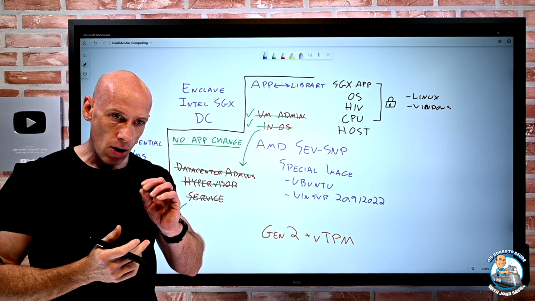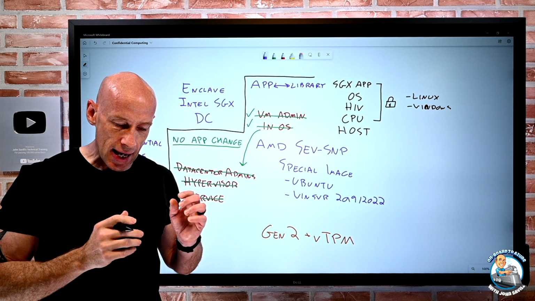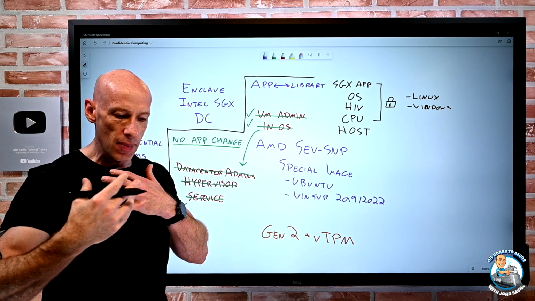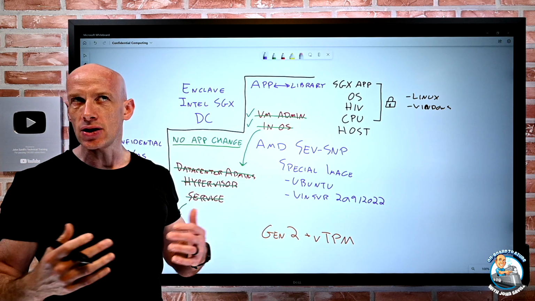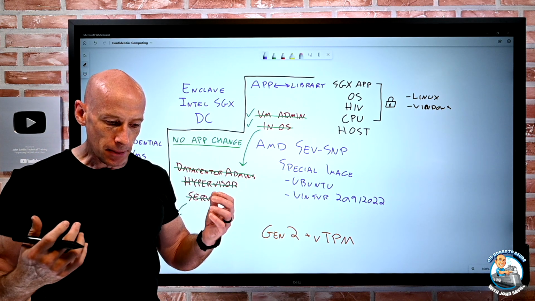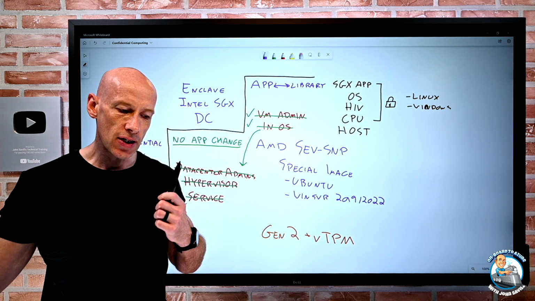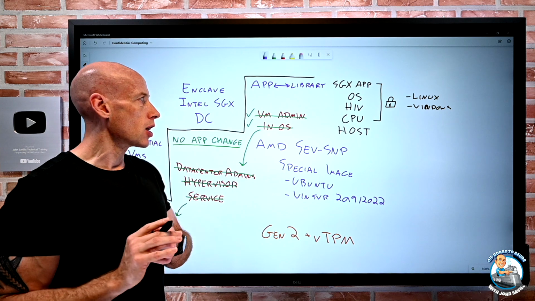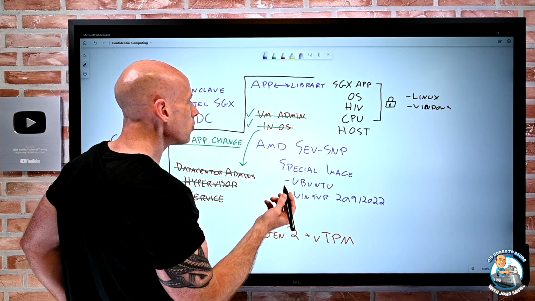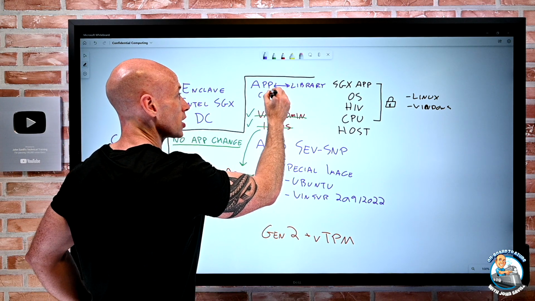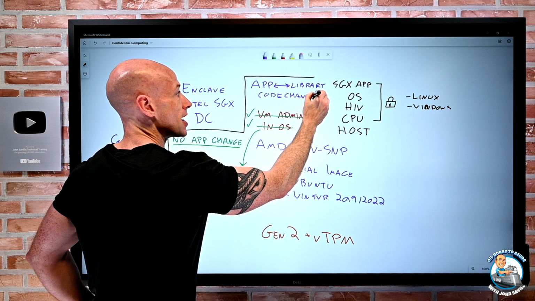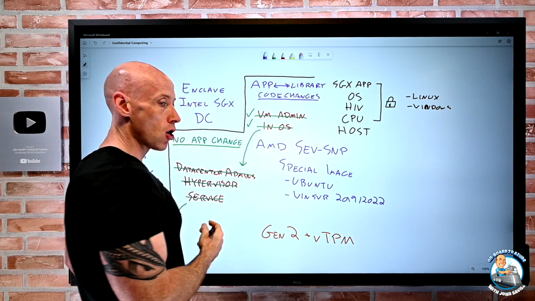OpenEnclave.io is an example open source SDK that abstracts away the enclave and makes it easier for me to write my application, eases the application development to be able to use those enclave technologies. So I'm probably going to use, there are different ones out there, but I'm going to use those libraries. But the big deal here is, yes, there are code changes. I cannot just take my app as is and it magically uses the enclave.